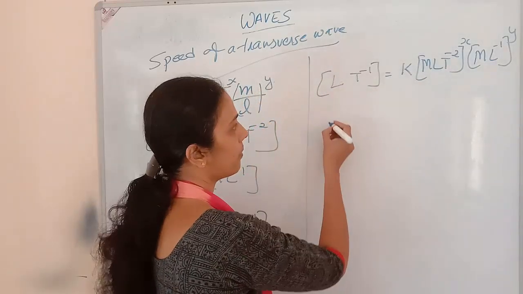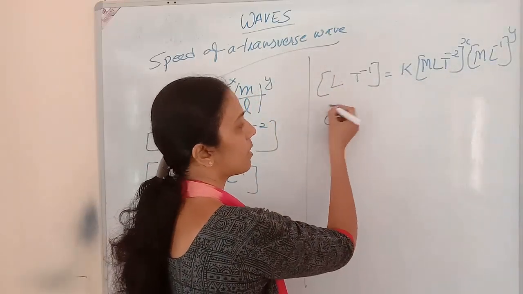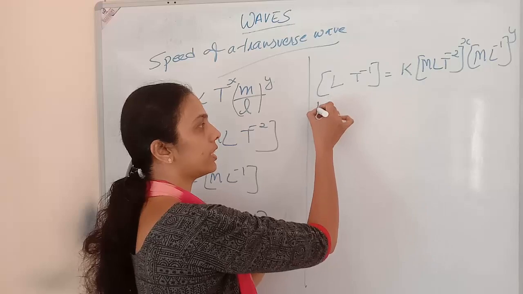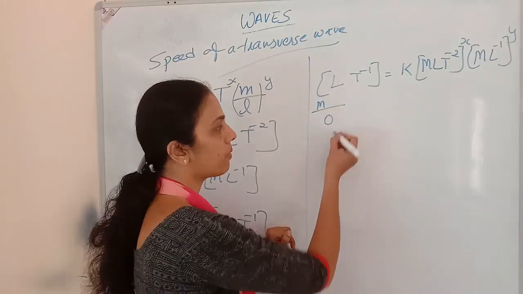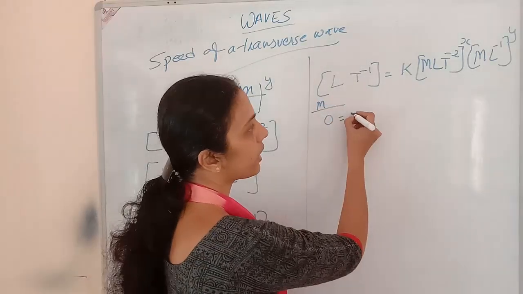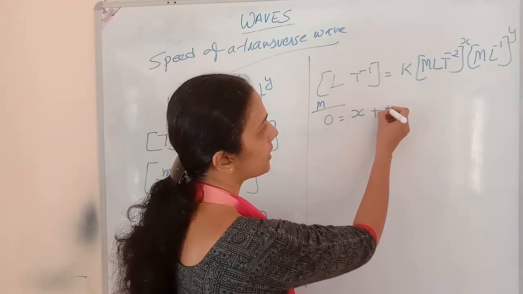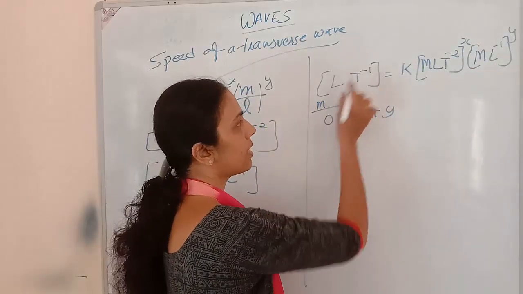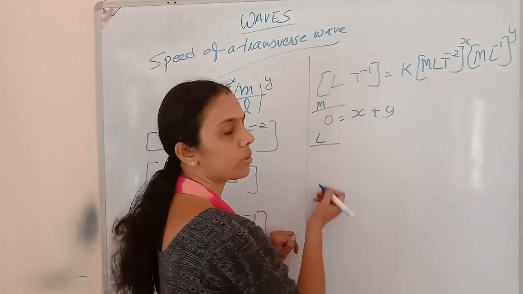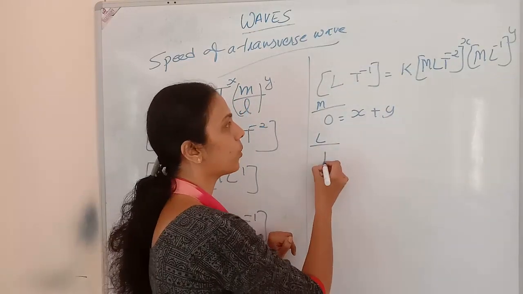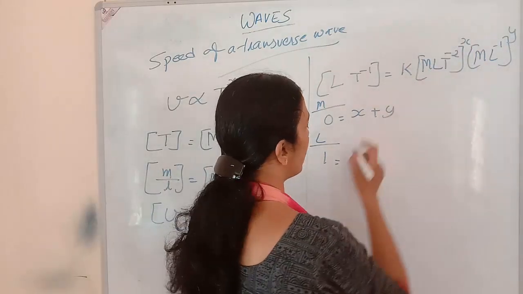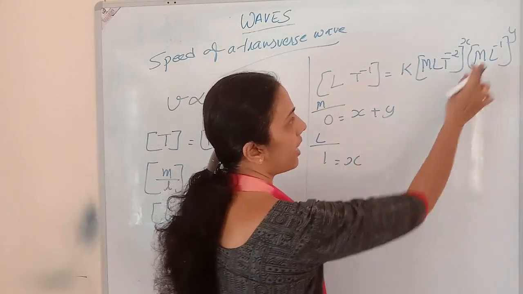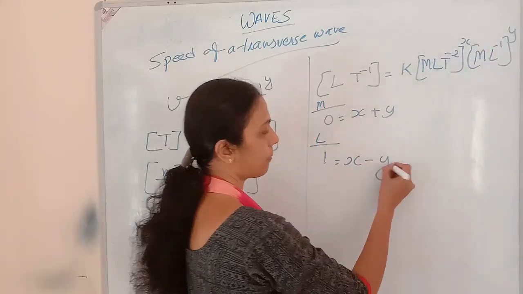Equating the powers of M, we get 0 equals x plus y. Equating the powers of L, 1 equals L to the power x, L to the power minus y.